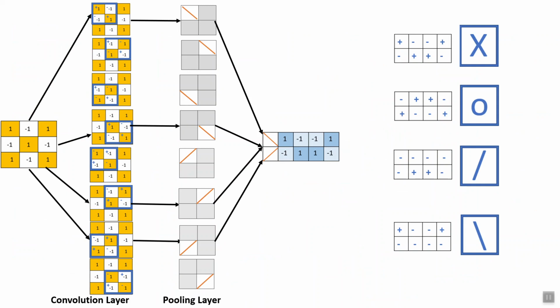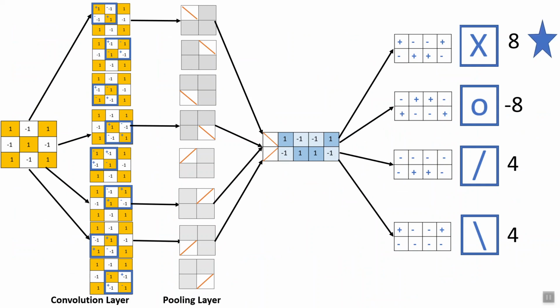Now see the X value, which is a matrix here, 1, minus 1, minus 1 and 1. Now it is used with the values: the first is 8, second is minus 8, third is 4, and fourth is 4.